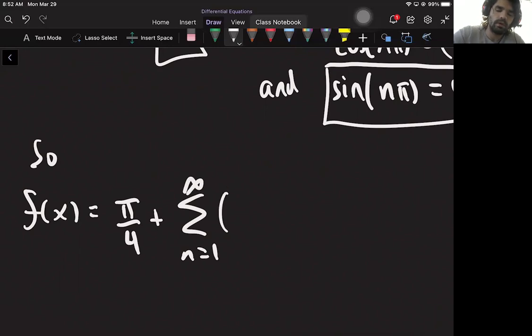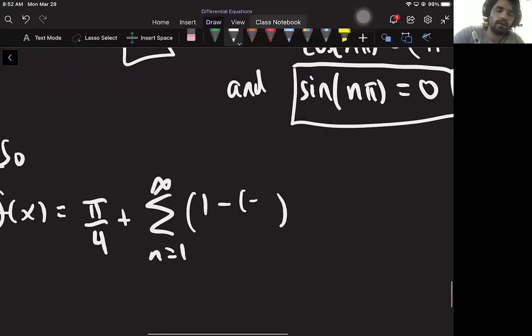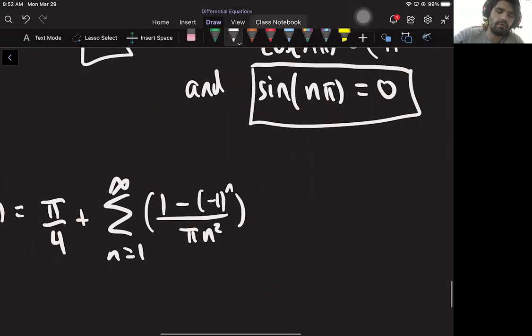So here was the integral of all that stuff, and we just did it. And what did we get? 1 minus -1 to the n over pi n squared, or n squared pi. And so those are just the coefficients of each multiple of cosine.